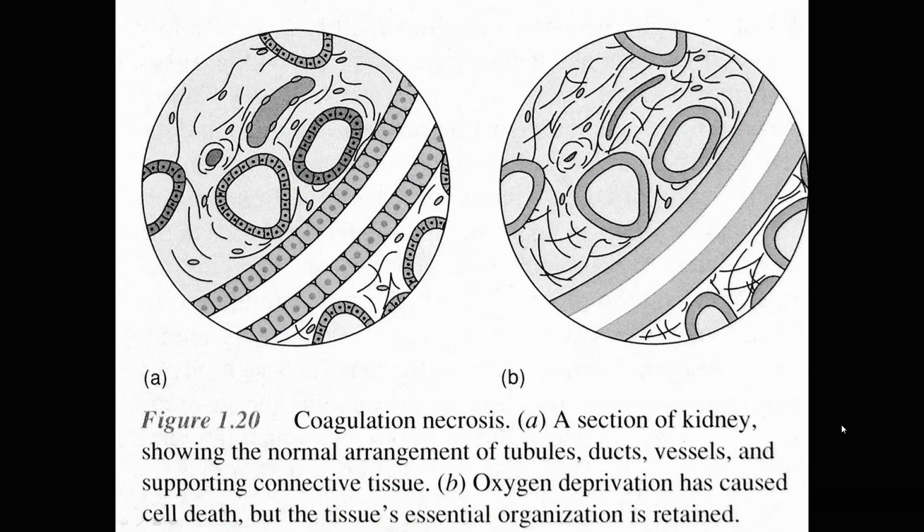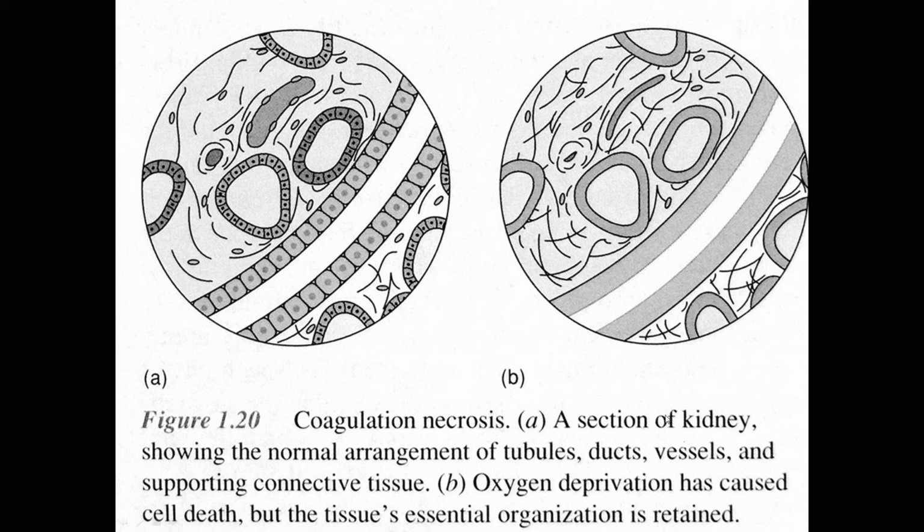This slide illustrates a case of so-called coagulation necrosis. The tissue architecture is preserved while the cell structures are lost. This is usually due to anoxic or toxic injury.